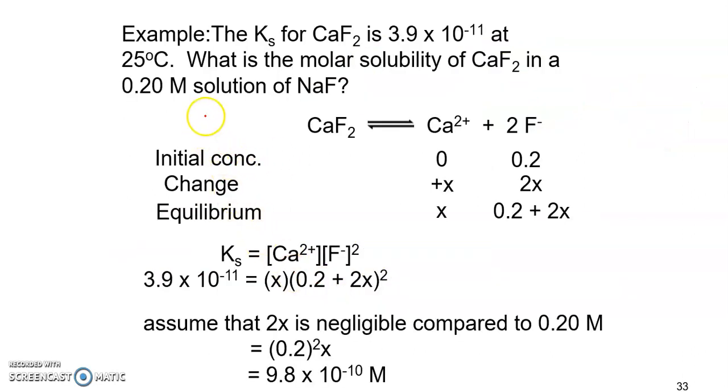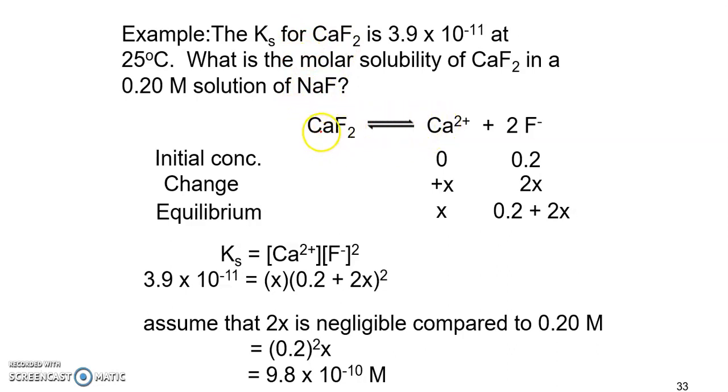For example, if the solubility constant for calcium fluoride is 3.9 times 10 to the power of -11 at 25 degrees centigrade, what is the molar solubility of calcium fluoride in a 0.20 molar solution of sodium fluoride? First we need to dissociate the calcium fluoride.